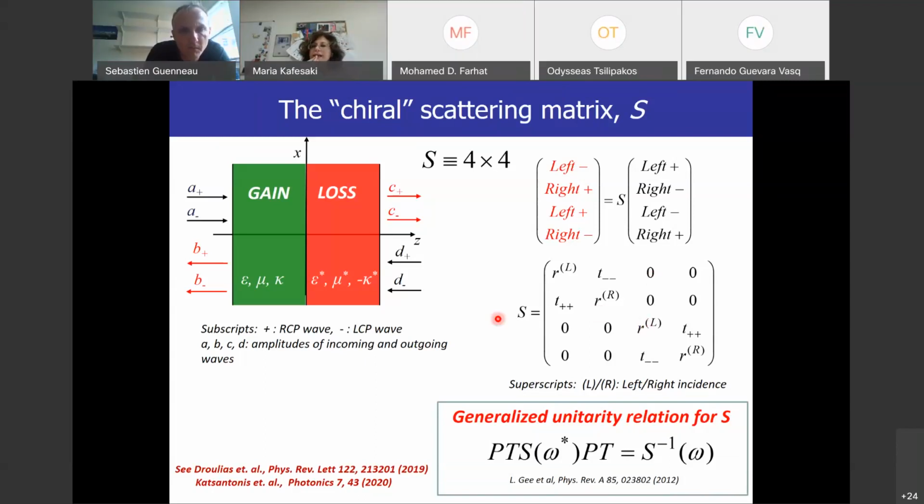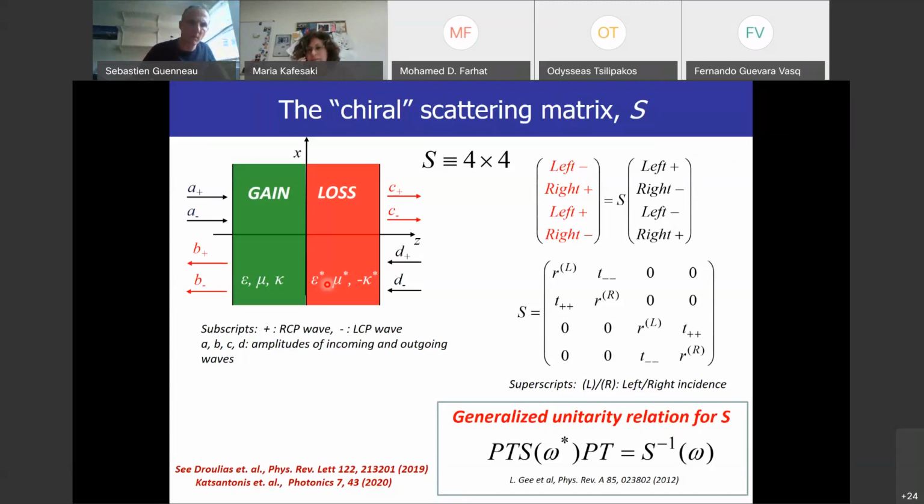Of course, you will have all the cross-polarized components, and then you probably have more. Because obviously your unitary relation would still hold. It would be still the same because you would have the exact same arguments for your theorem.